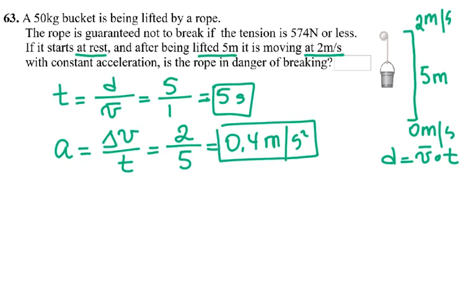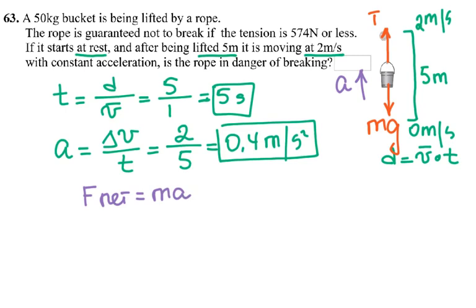Now let's look at the forces acting on the bucket. So I have tension force and I have mg, the force of gravity, and I also have acceleration. So acceleration is upward. So I'm going to use my F net is equal to ma. The forces that I see, tension is positive, it's up. Mg is negative, it is down. And equals to mass times acceleration.